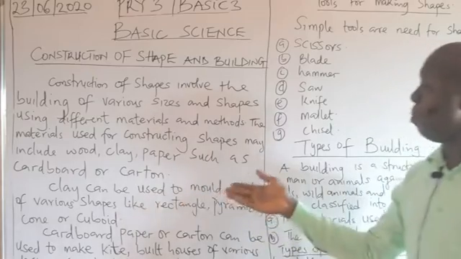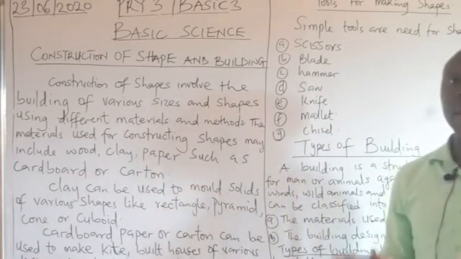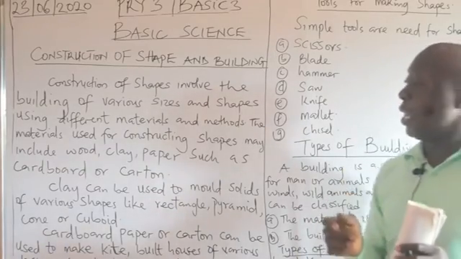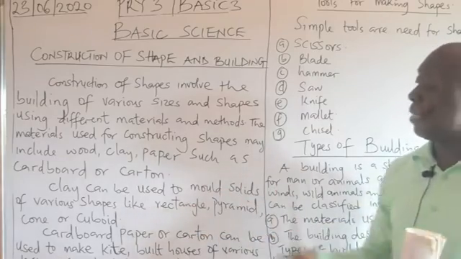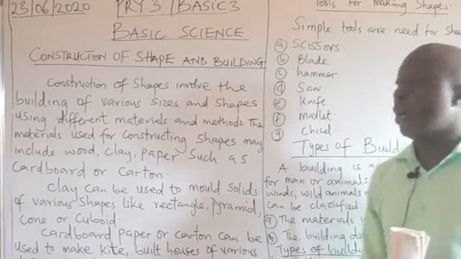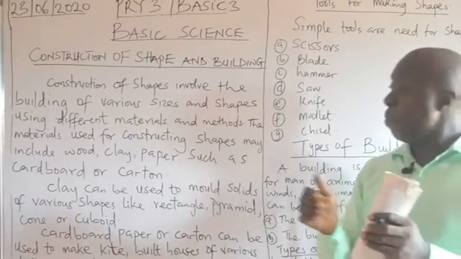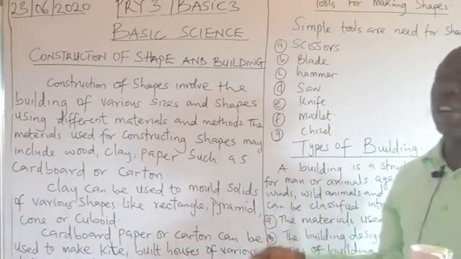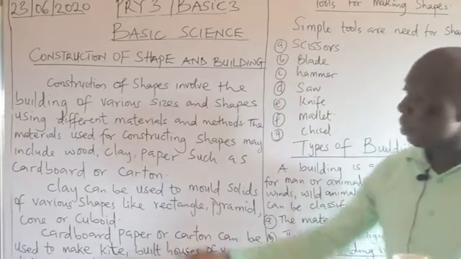Clay can be used to mold solids of various shapes. That is, we can use clay to mold solids of various shapes like rectangle, pyramids, cone, or cuboids.